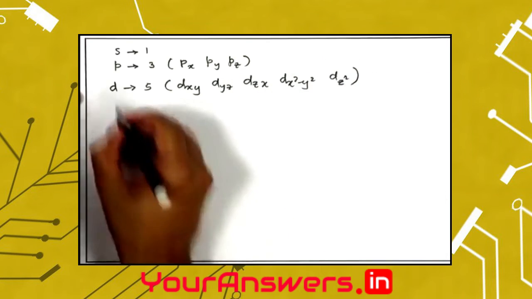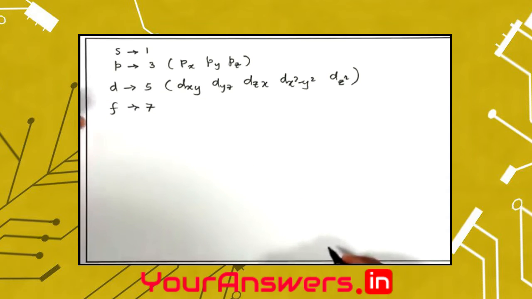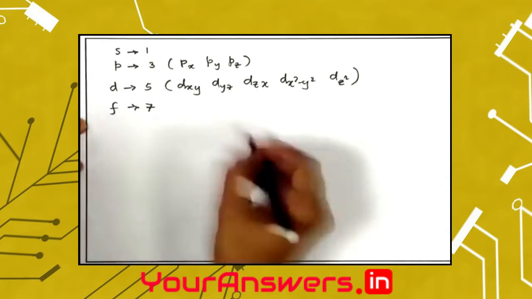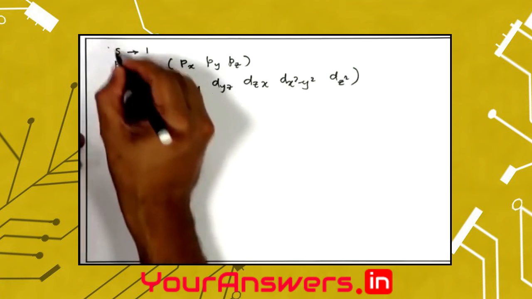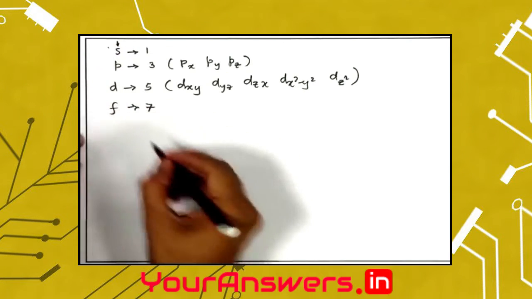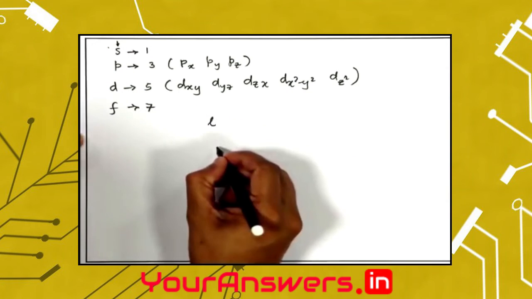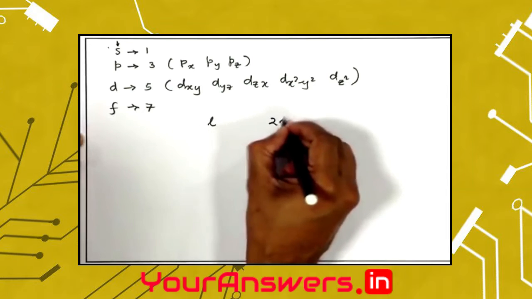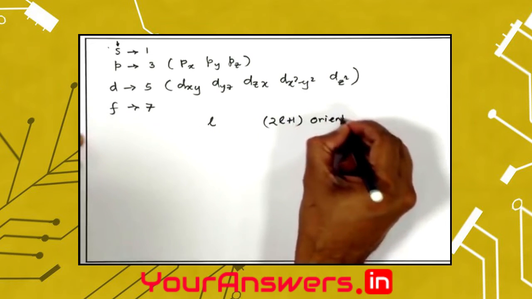And f orbitals can be arranged in 7 different orientations. So, we can actually generalize this. Because s, p, d, f signify a particular value of L, for a given value of L, there are 2L plus 1 orientations possible.